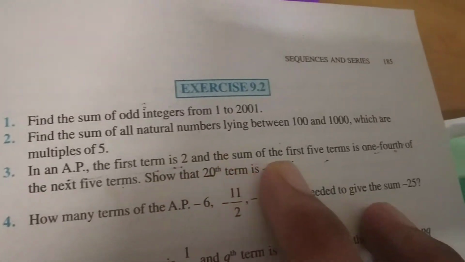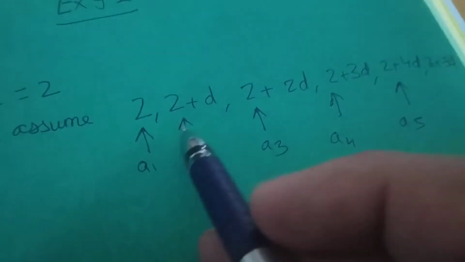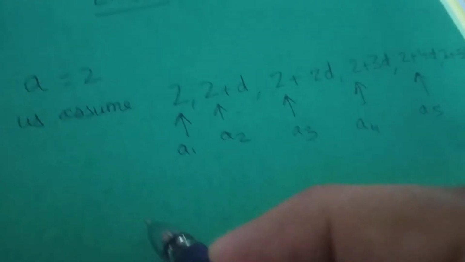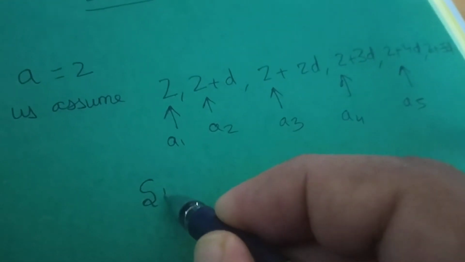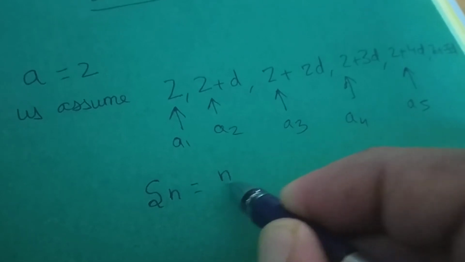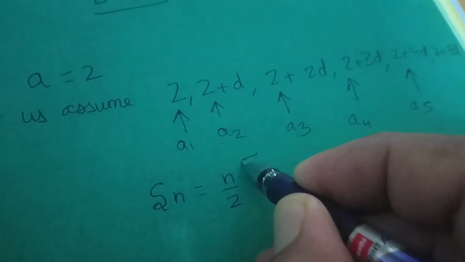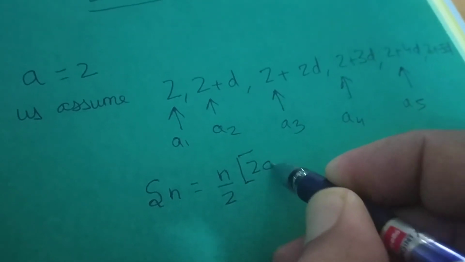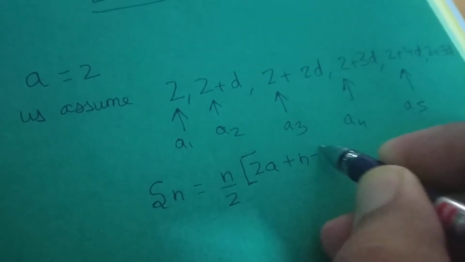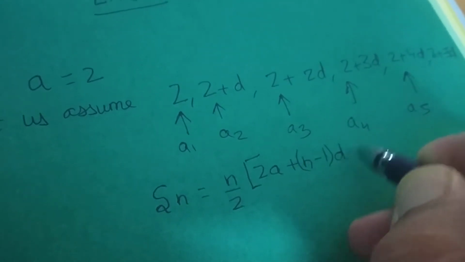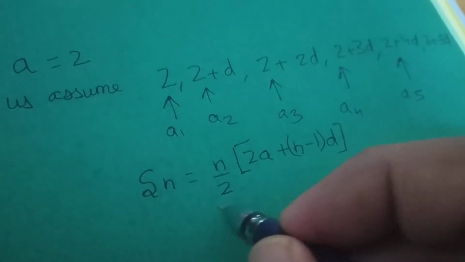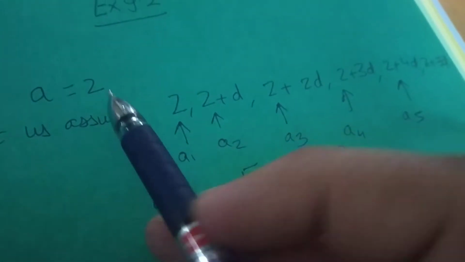We have to find the sum of the first 5 terms. So Sn is equal to n by 2 whole into 2a plus n minus 1 whole into d. d is the common difference, and n is the number of terms.